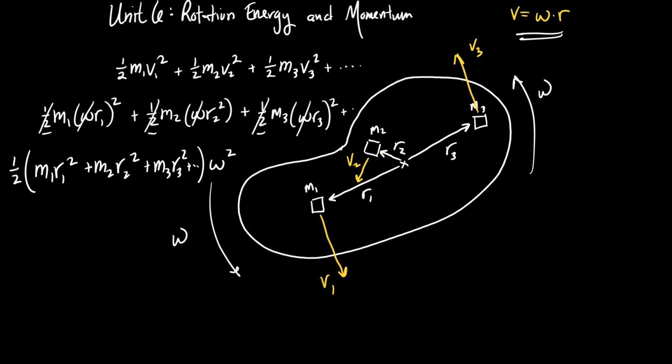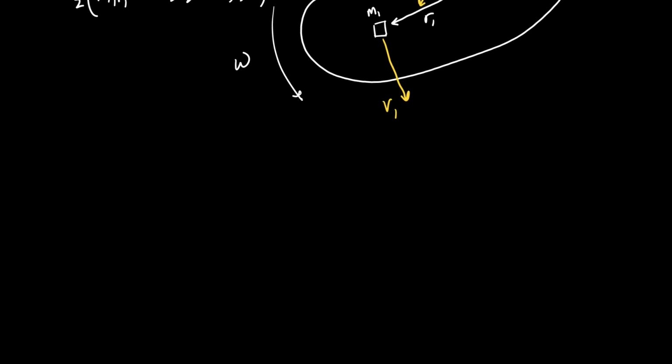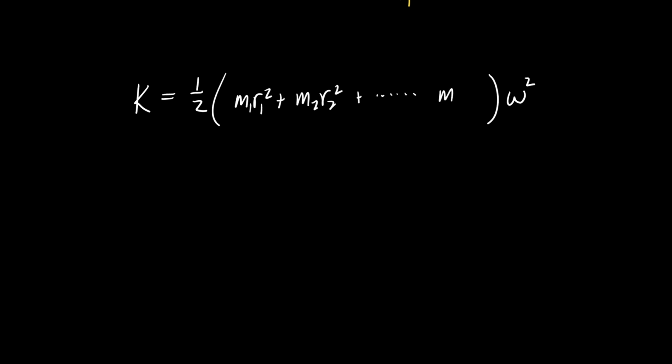Now, I don't know if you're able to see what I'm trying to communicate, so let me get rid of all this distraction for just a minute and kind of rewrite this more carefully. We added up all the kinetic energy of every piece, and we got 1/2 on one side, and on the other side we got omega squared, and in the middle we got m1 r1 squared plus m2 r2 squared plus all the different masses until we get to the last piece and it's squared.